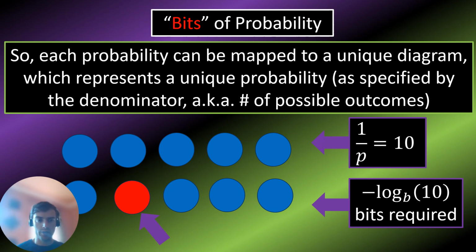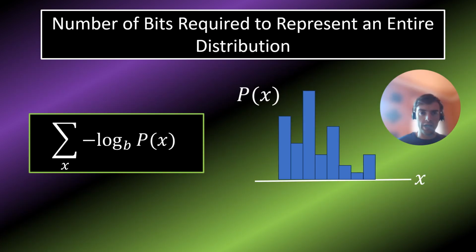And the amount of information you need would be specified by the denominator when it's in p equals 1 over p form. So that's what I was saying on the last slide. And thus the number of bits required to represent an entire probability distribution would be the number of bits that you need to represent each probability summed together in that distribution.